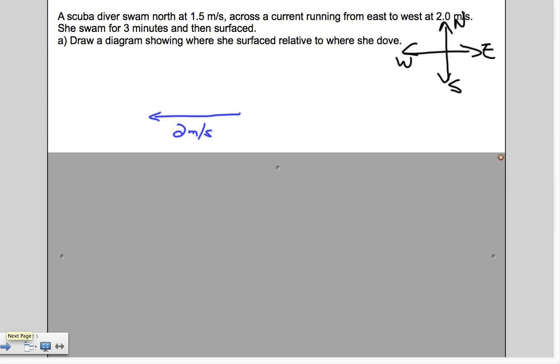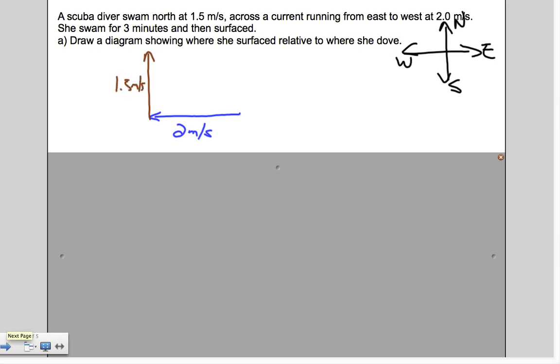Let's say she jumped in a pool where there was no current, and she swam due north at 1.5. Which direction would she be going? Straight up, at 1.5 meters per second.